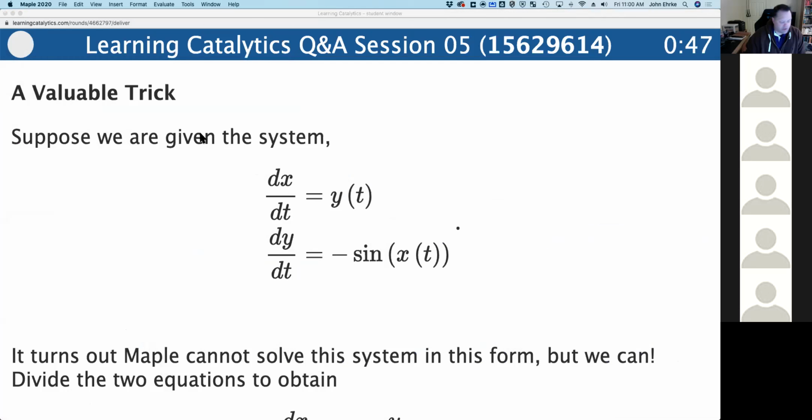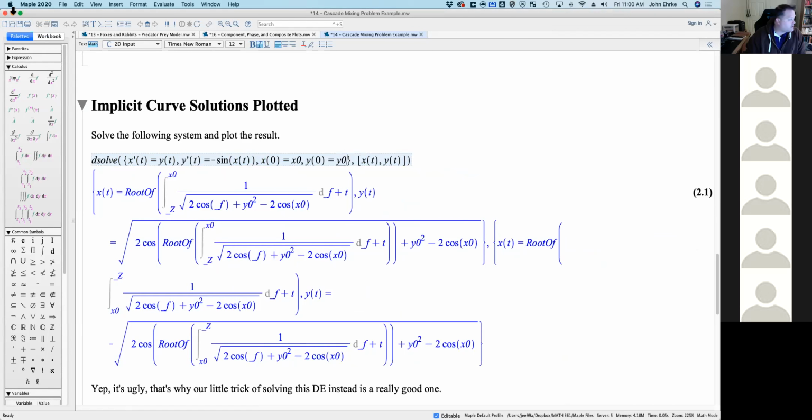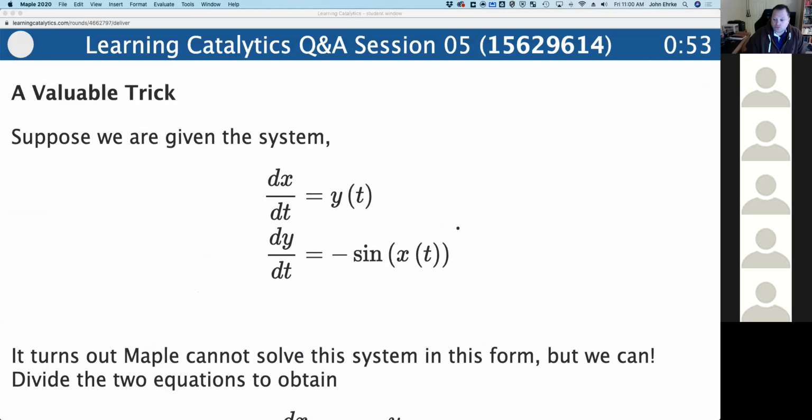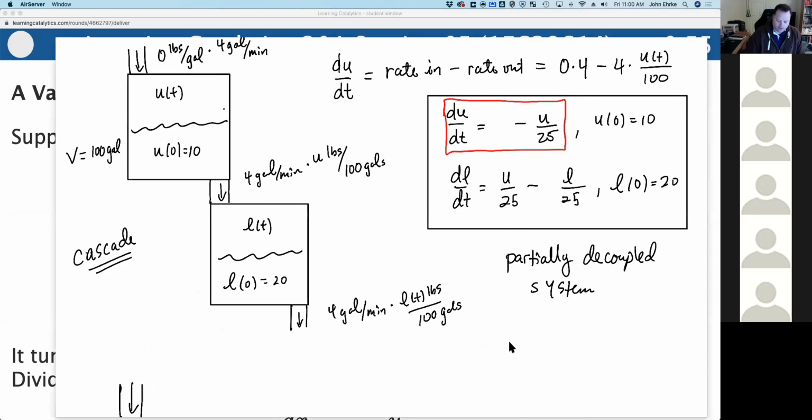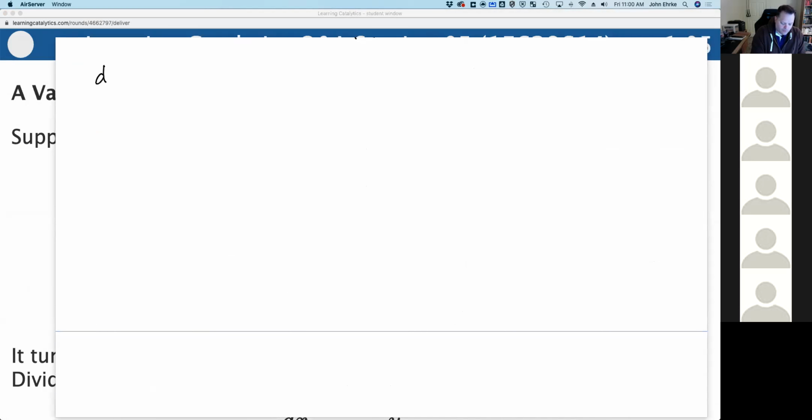It turns out that we can be a little bit smarter than Maple here. So the system that we're being asked to look at there is dx/dt equals y and dy/dt equals minus sine of x.